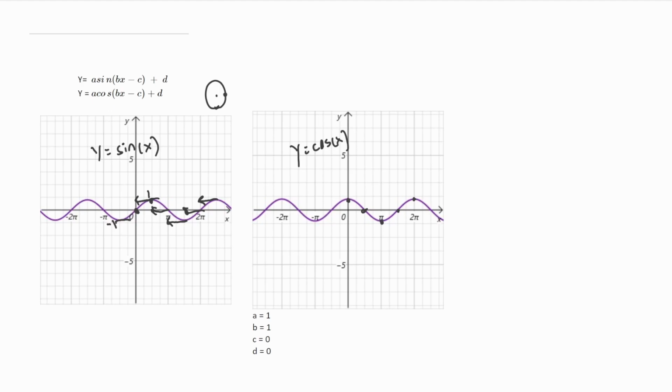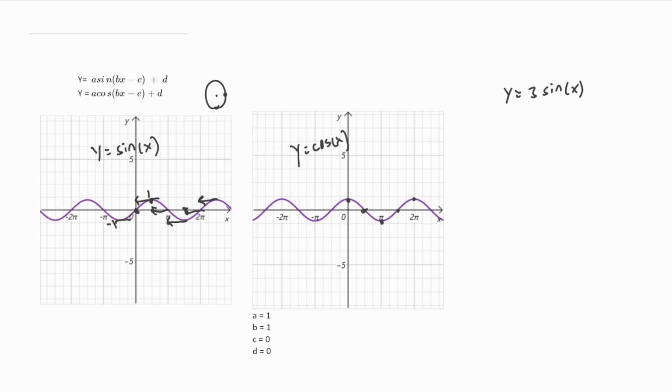So when we want to graph a sine function, let's say we wanted to graph y equals 3 times the sine of x. Well, the first thing we want to do is find out what happens at key features.